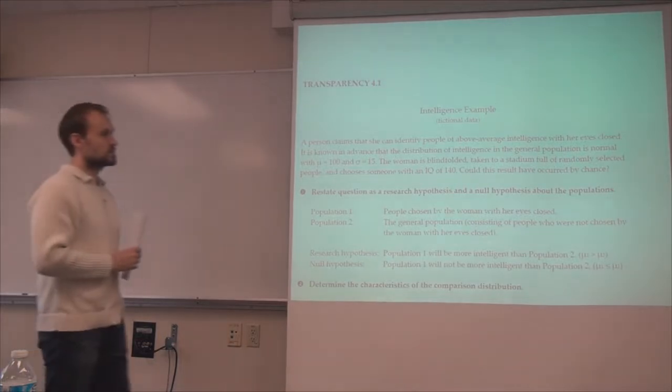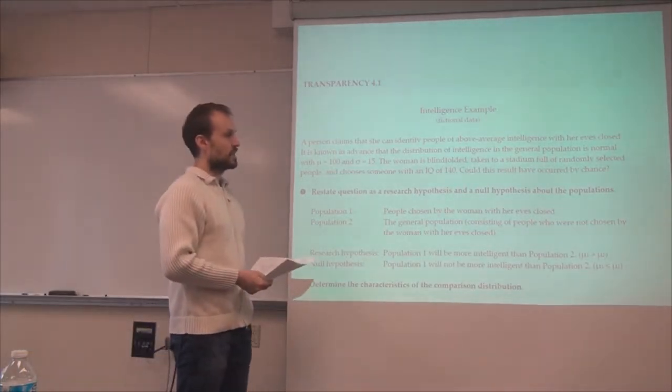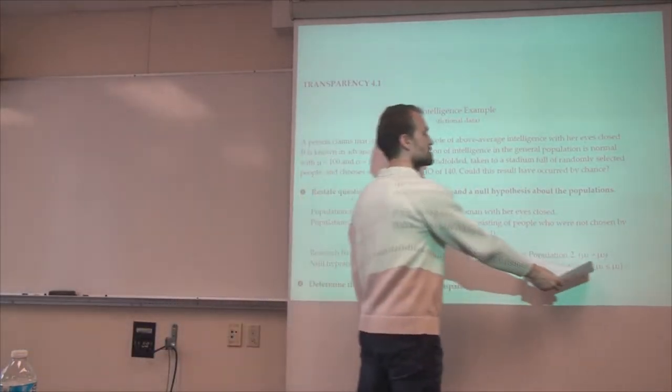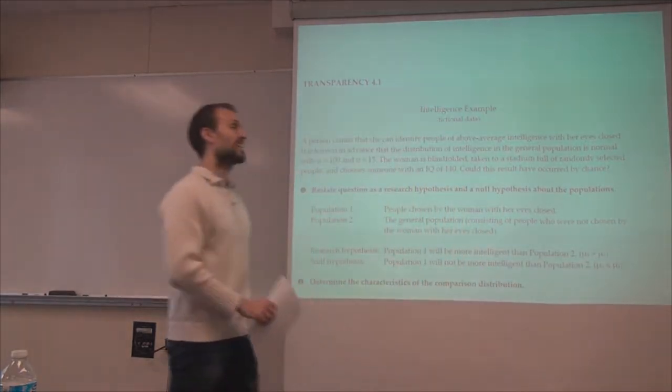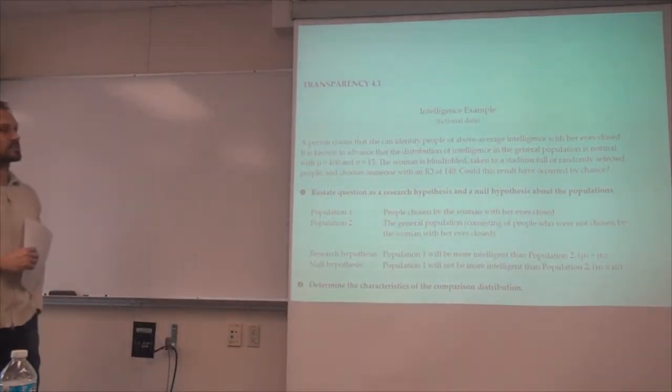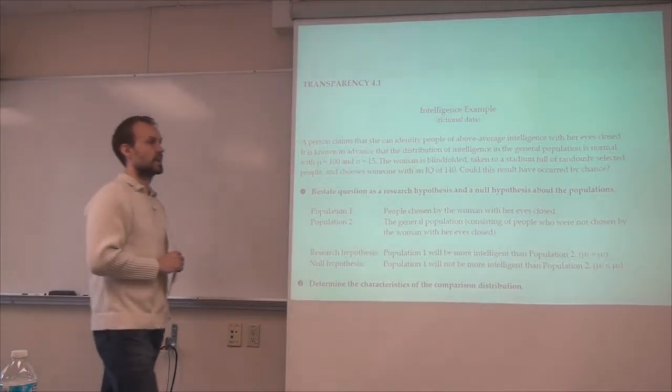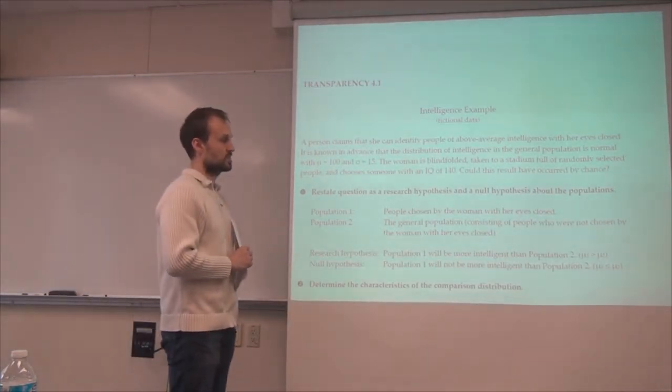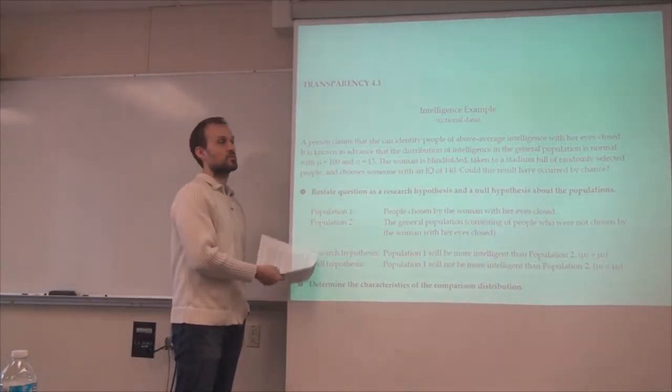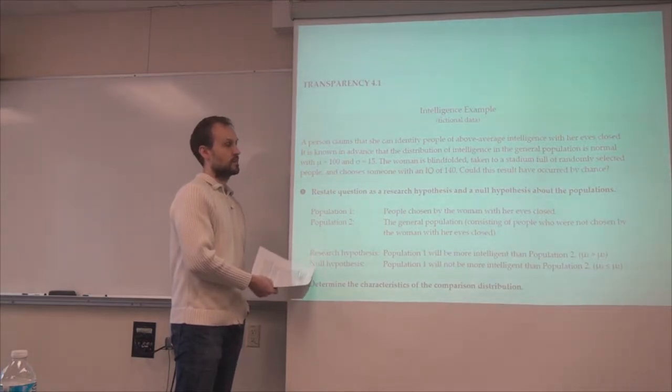The null hypothesis is then the opposite, that the person she picks does not have higher intelligence than the population average. So it's one of these two. One of these two is true.